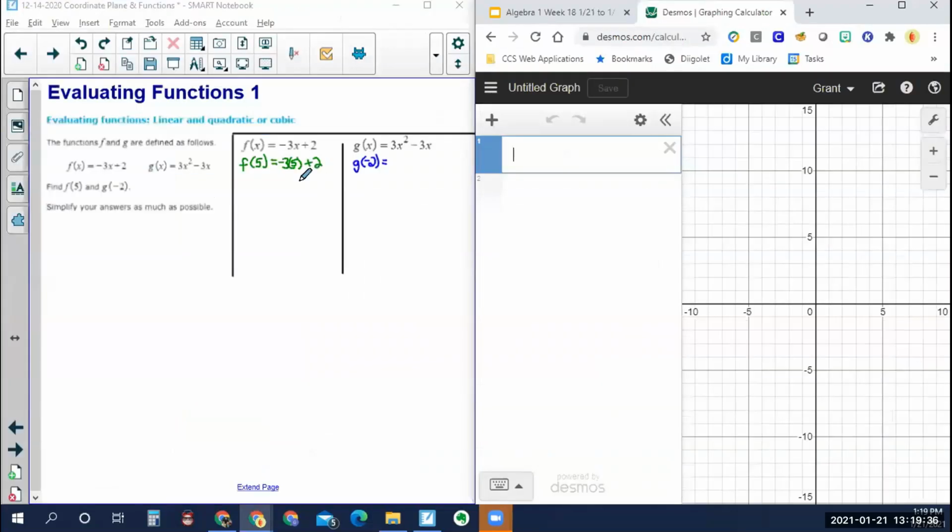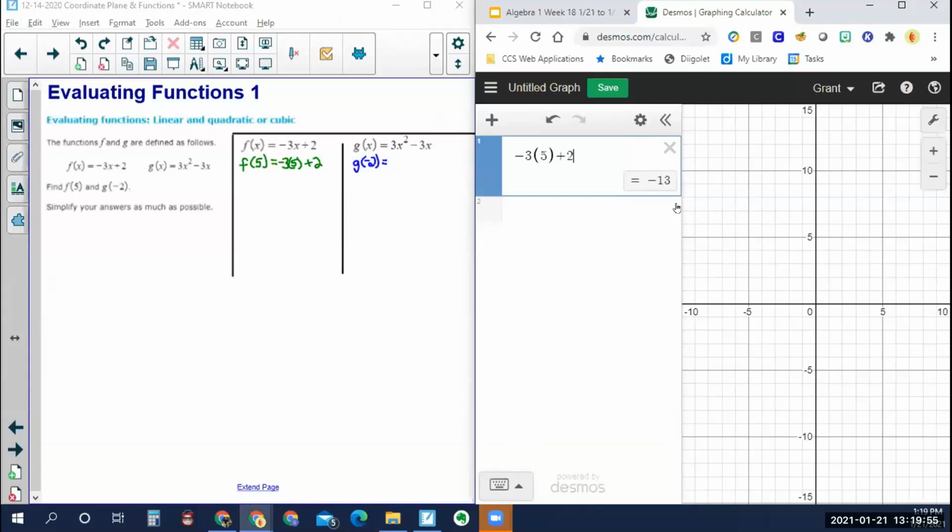I'm going to put it on the other side of my screen. So now I can look at what I just wrote. I'm just going to calculate this part after the equal sign, negative 3 times 5 plus 2. And already I know the answer is negative 13. That's the answer I'm going to type into ALEKS.